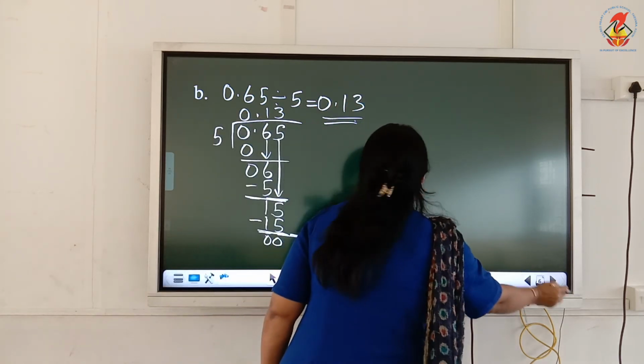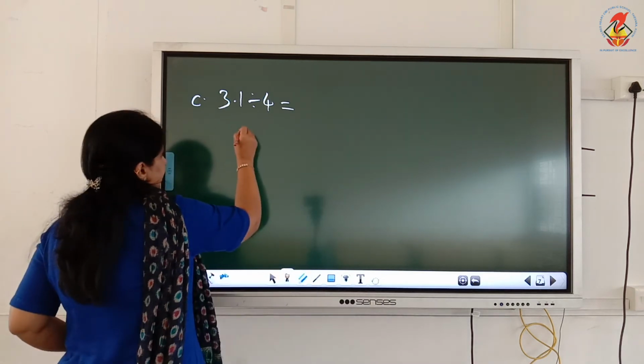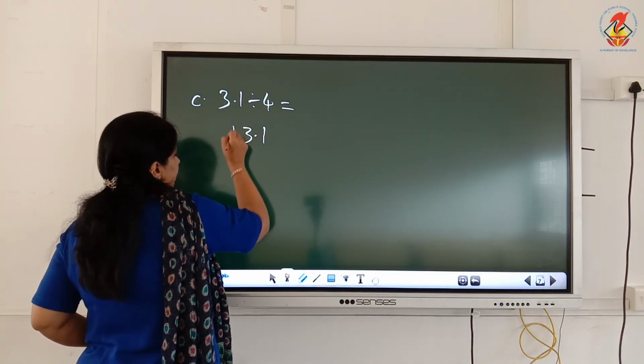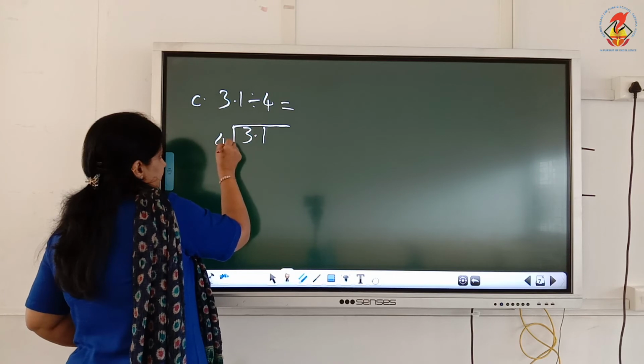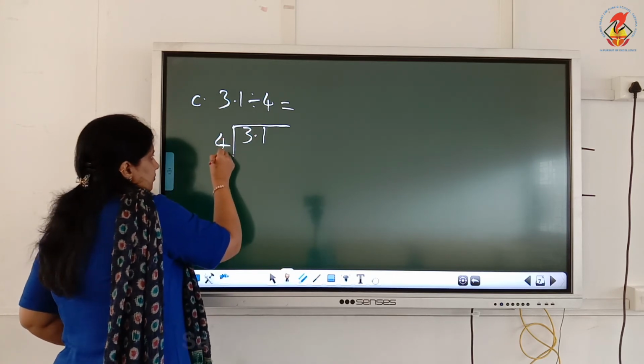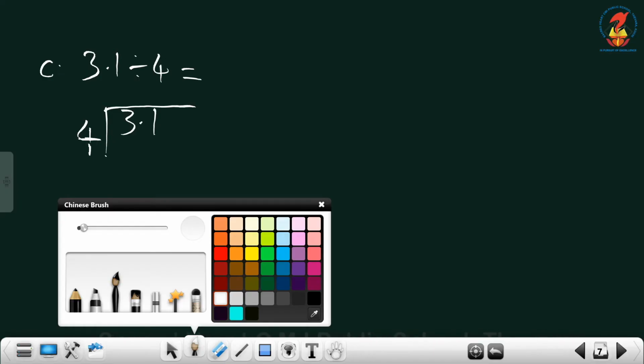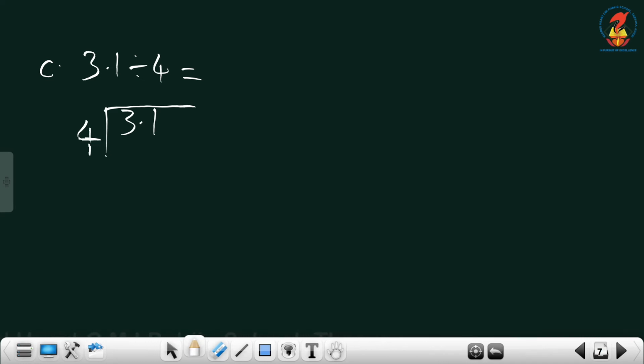Okay, and the next one, 3.1 divided by 4. How? See, the first digit is 3 only. That is less than the divisor. We can't do anything with that, right? So we need to consider the first two digits together.